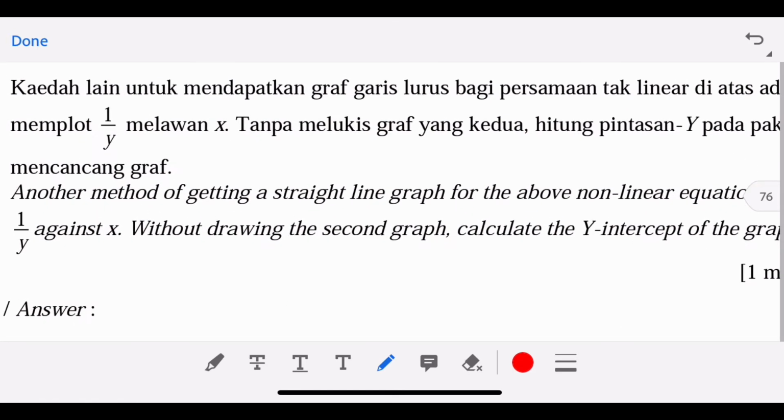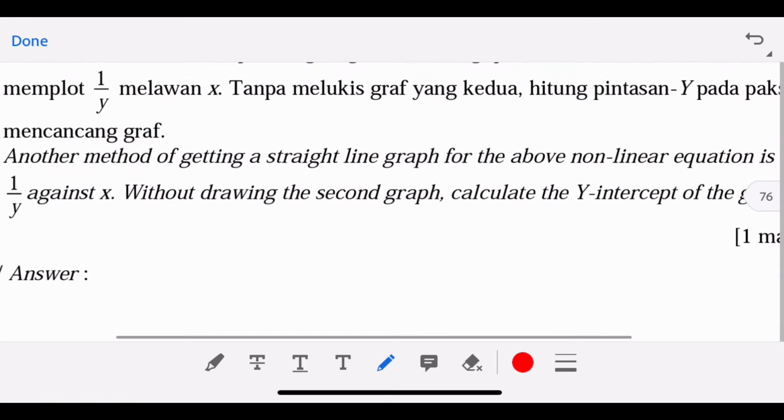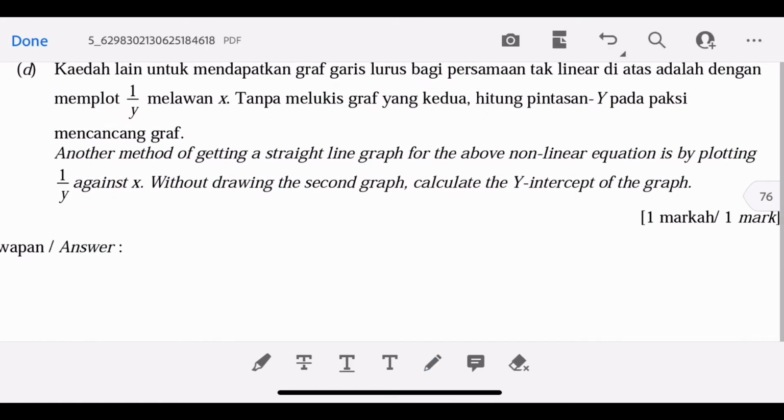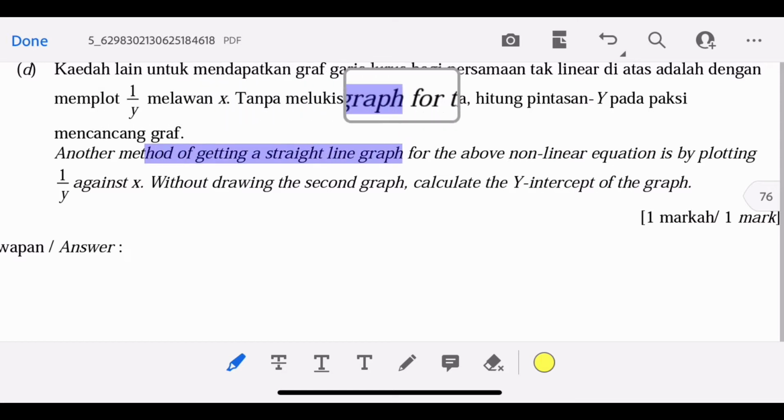Another method of getting the straight line from the graph for the above. Okay, so there's another method. We have to use a graph. Alright, so we draw the graph, we get a straight line, we find the gradient and find the intercept.